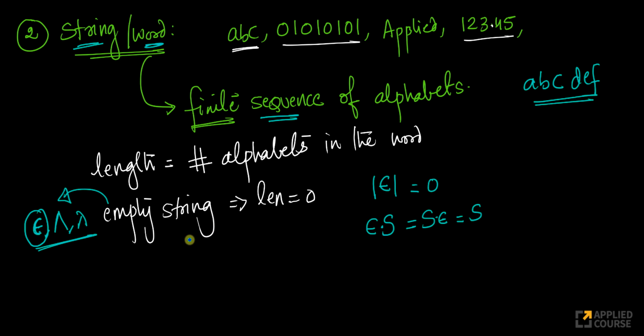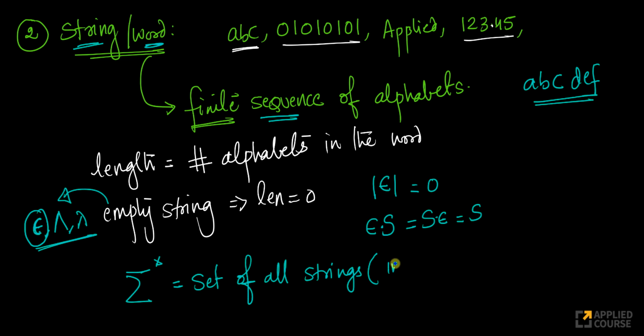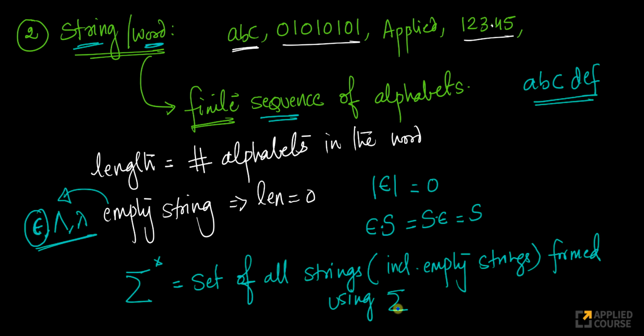Now similarly, there is this concept called sigma star. Suppose I have an alphabet sigma. Sigma star is defined as the set of all strings, including empty strings, the set of all strings that you can construct, all strings formed using the symbols in sigma.